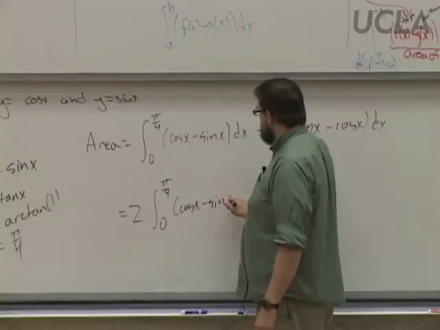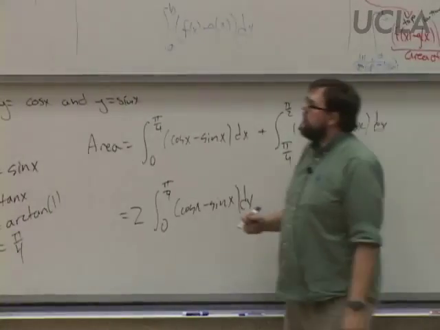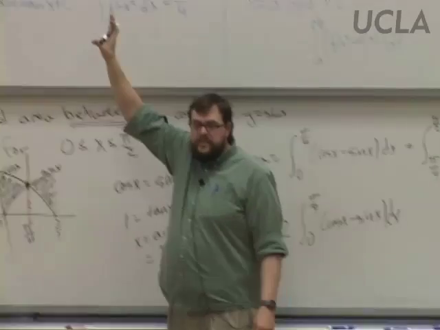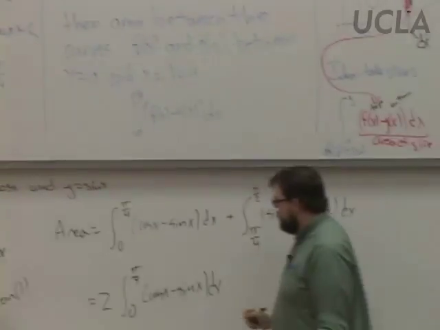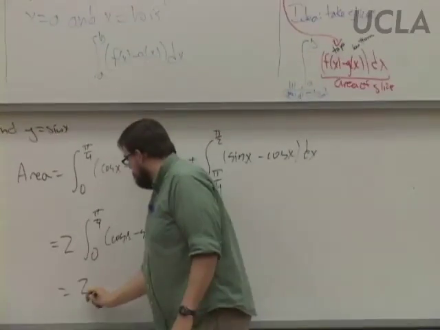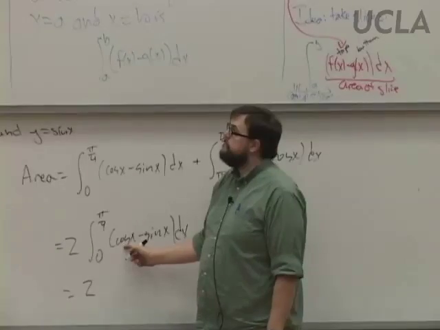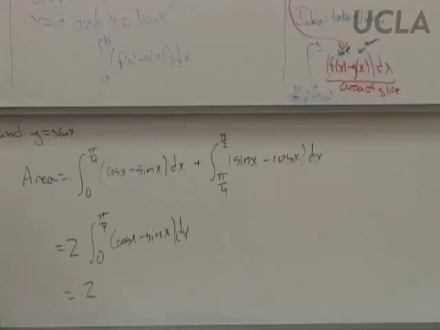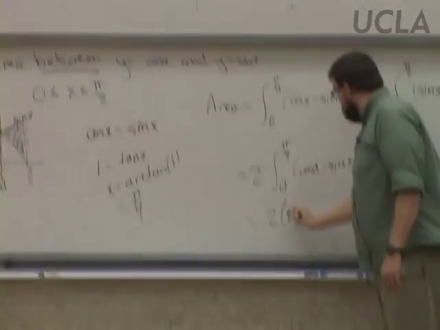Okay, now, lucky for us, cosine and sine are nice functions. So nice that we actually know how to integrate them. They're on our very, very short list. So this is 2 times, and what's the integral of cosine? The integral of cosine is sine.